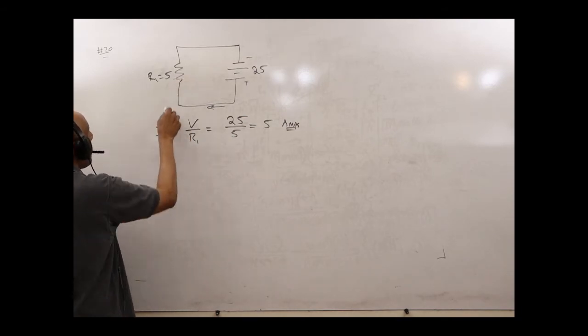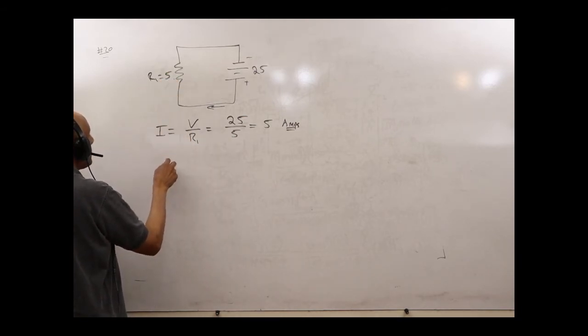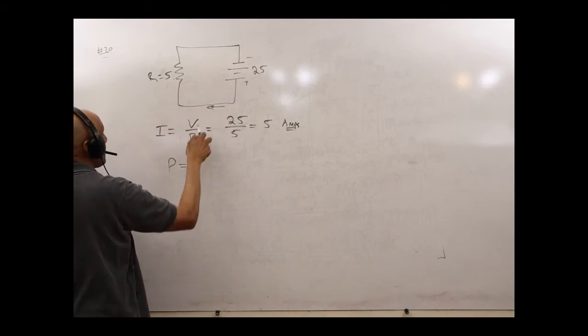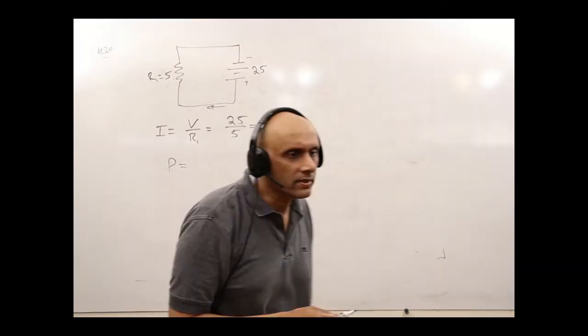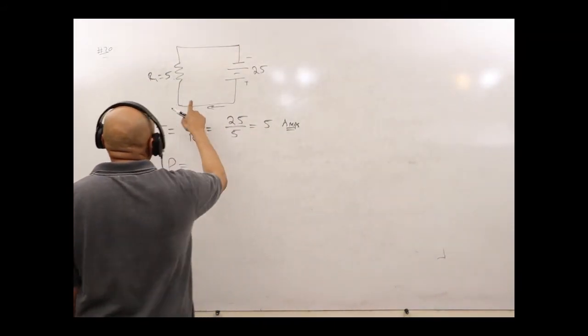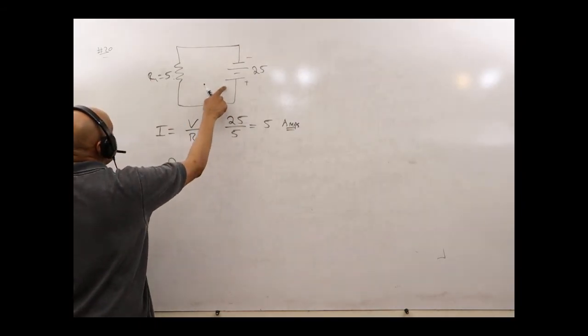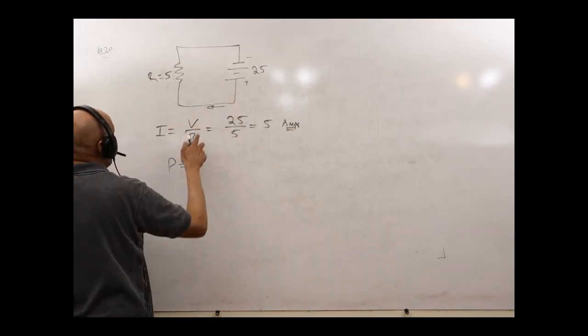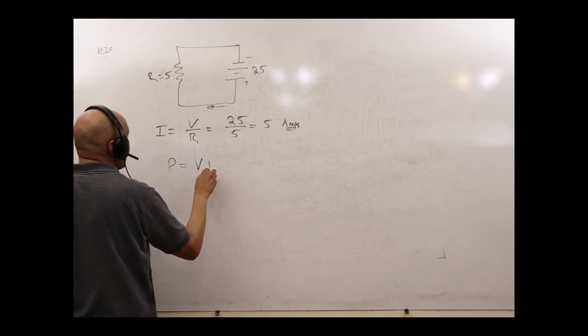So what is the power going through the resistor? We can do it a couple of ways. Find the power lost through the resistor, or the power being generated by the battery. So it's voltage times current.